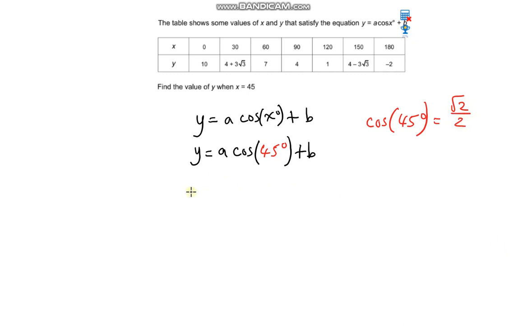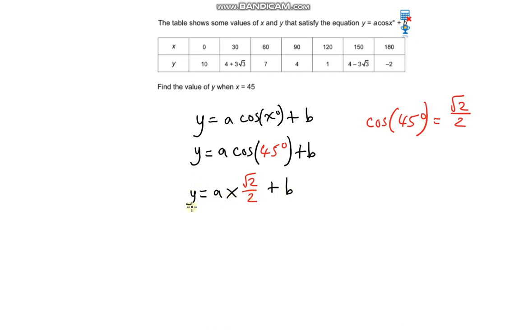So our equation is y equals a times, this is just multiplication, cosine of 45, or times √2/2, and then plus b.